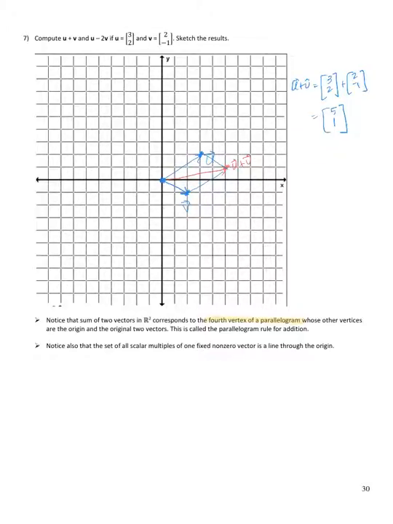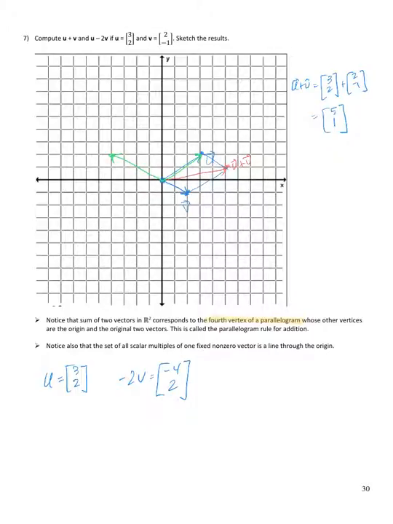Let's see if it works with U minus 2V. So U is (3, 2), and negative 2V, negative 2 times V would be (-4, 2). All right, so I'm going to add U and negative 2V. Do this in a different color. Here's U. Negative 2V is (-4, 2), which is right here.